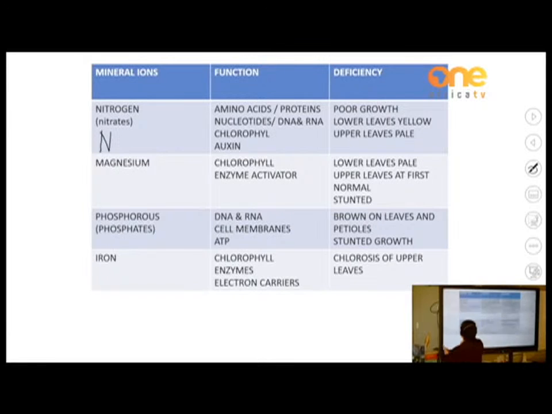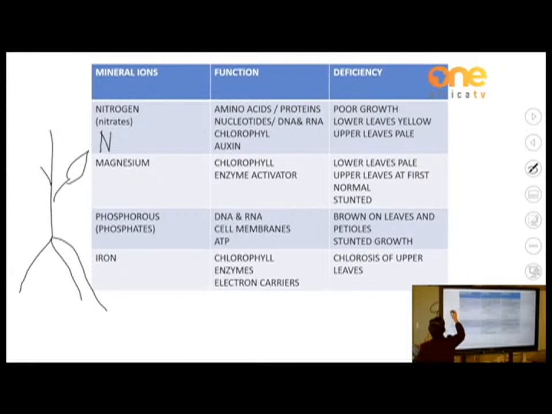And interesting, if I have a plant, there's the roots, the leaves, and we also have a nice flower on this plant.